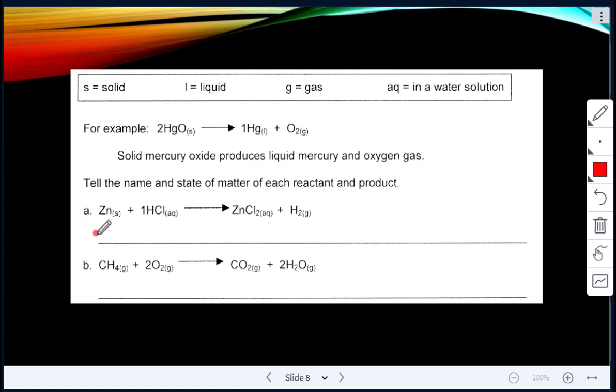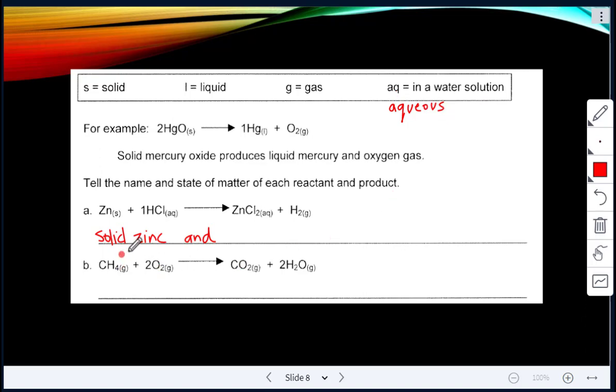We have zinc, solid zinc, and HCl aqueous here. All right, so just a reminder here that AQ stands for aqueous, which means it is dissolved or in a water solution.